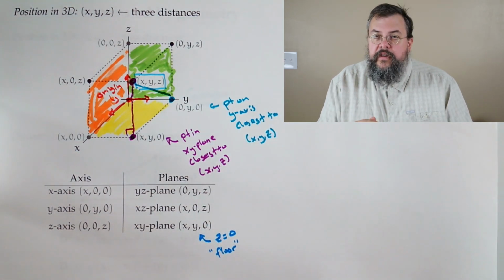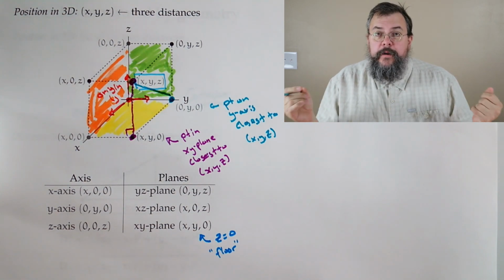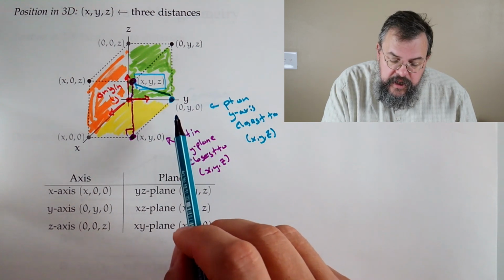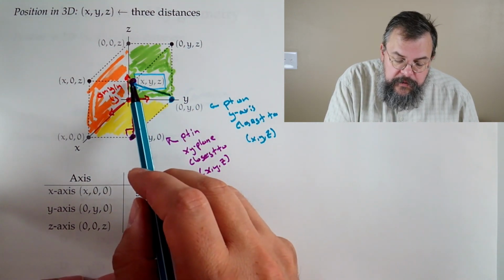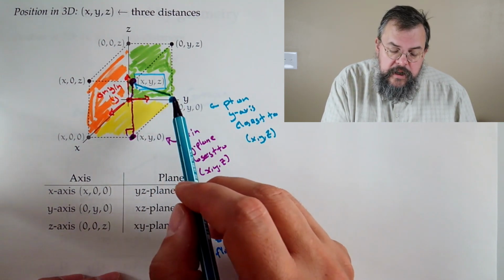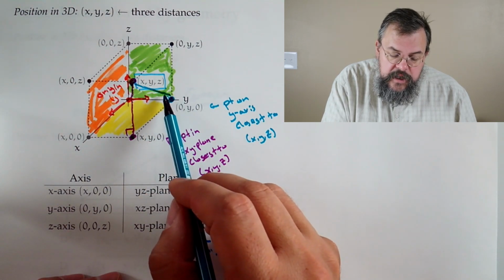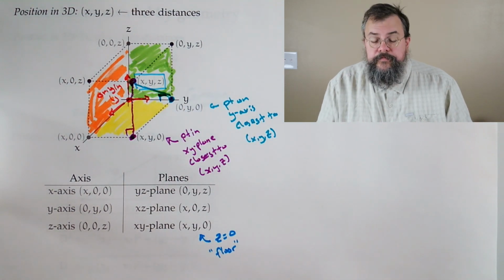In other words, if you're on the y-axis, your x and z have to be 0. Your y can be arbitrary. So if I want to be on the y-axis, set x and z to be 0. Now, what's the right choice? Well, whatever the value for y is up in this corner, choose the same value for y. And then this line segment is going to be perpendicular to the y-axis.